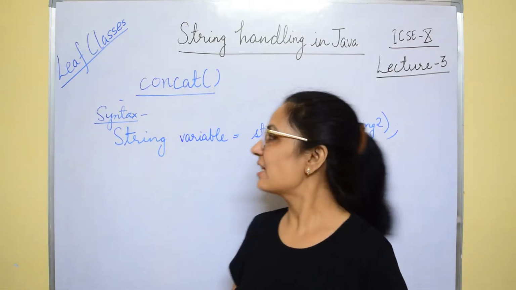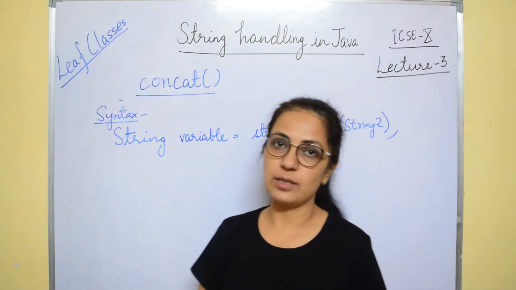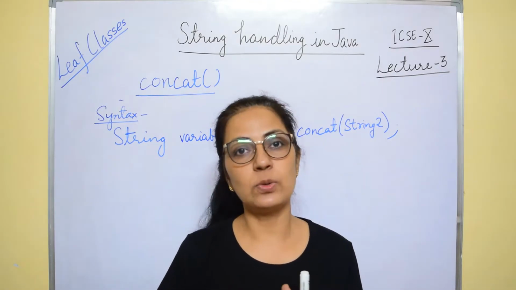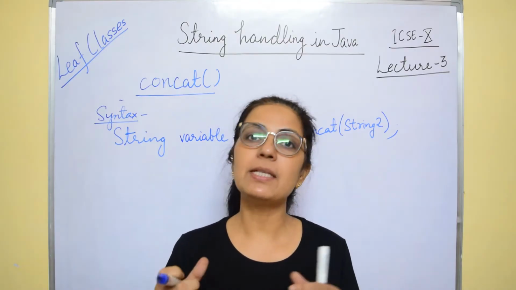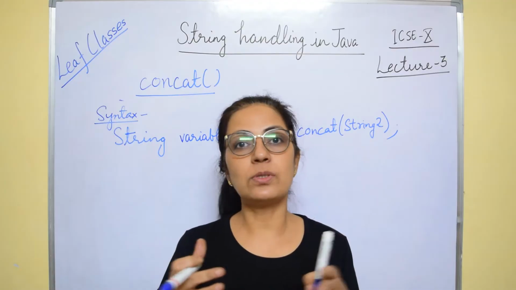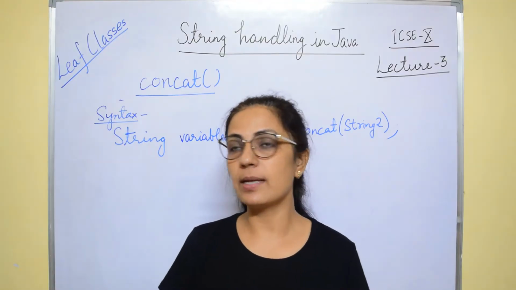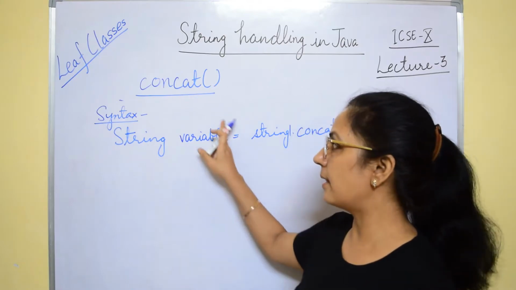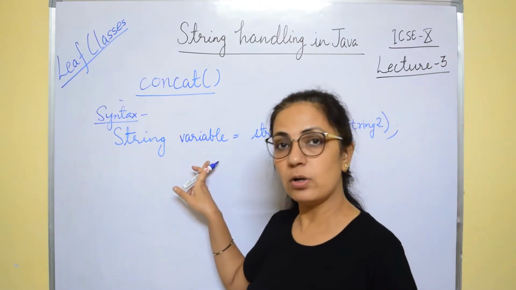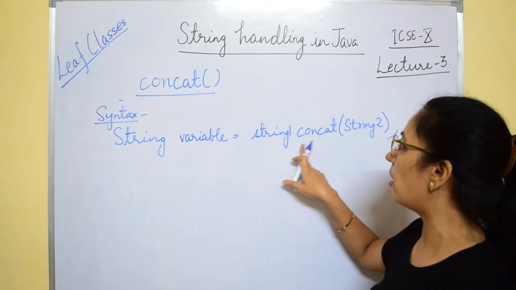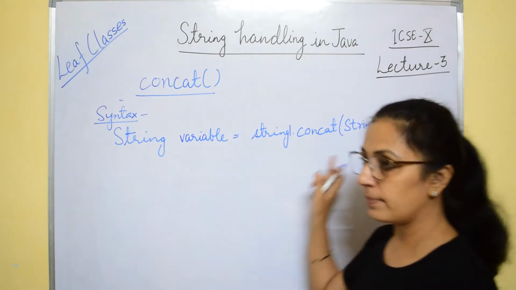Okay. The next function is the concat function. The concat function concatenates two strings. Concatenation means joining two strings. It merges two strings, it adds two strings. So the syntax is String and the variable in which you want to do the concatenation equals to first string dot concat second string, right?